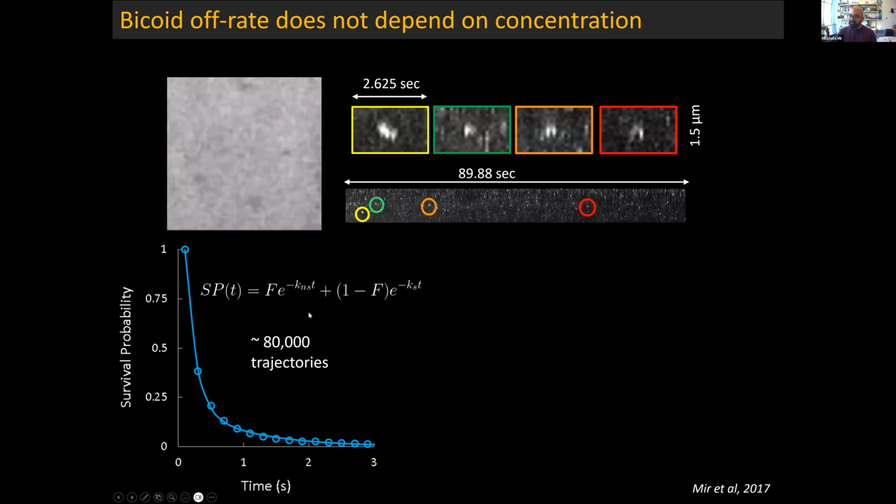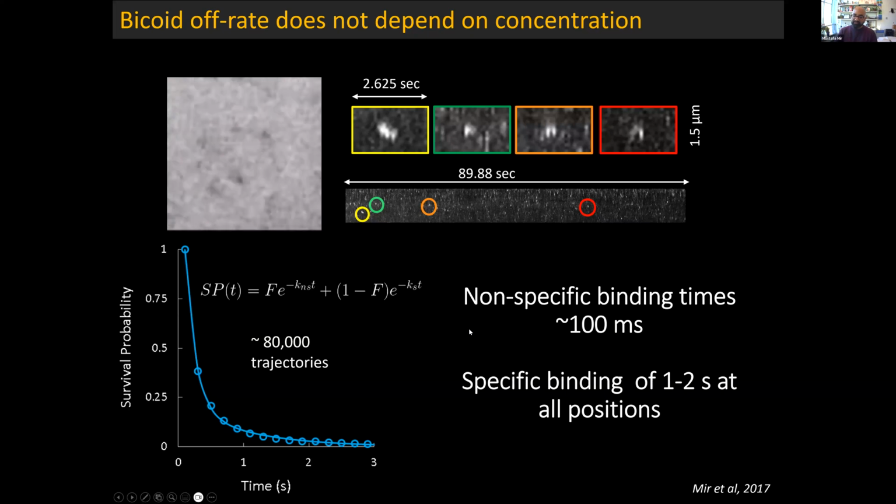We fit this to various biophysical models, here a two-state model of specific and non-specific interactions, and then we correct for effects like photobleaching and defocalization probability, and from that we can extract a specific residence time of bicoid of just 1 to 2 seconds. So the longest interactions that we observe are on the order of 2 seconds or so. So these molecules are popping off of chromatin very, very quickly.